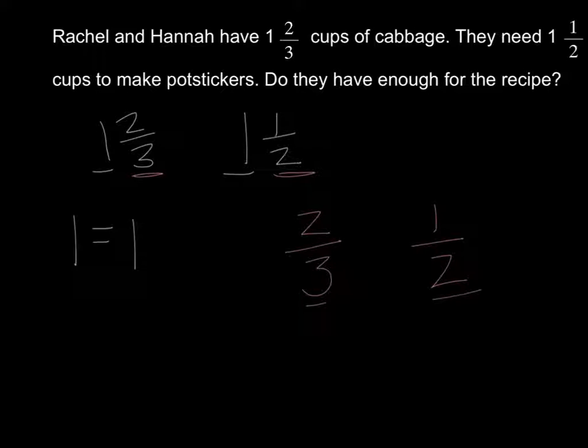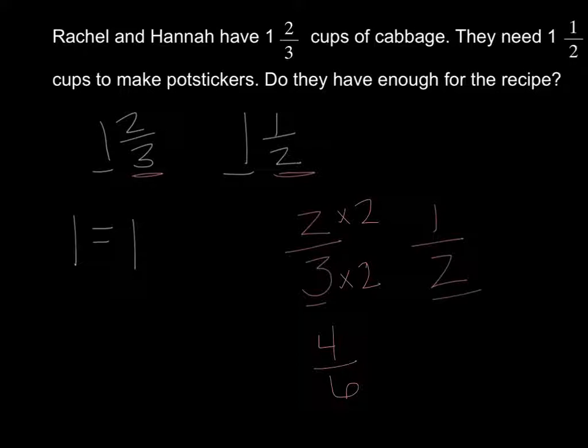So we need to find a common denominator. Really I'm asking what number both 3 and 2 go into, and I know that's 6. So if I multiply the denominator by 2 and the numerator by 2, I would get 4/6.